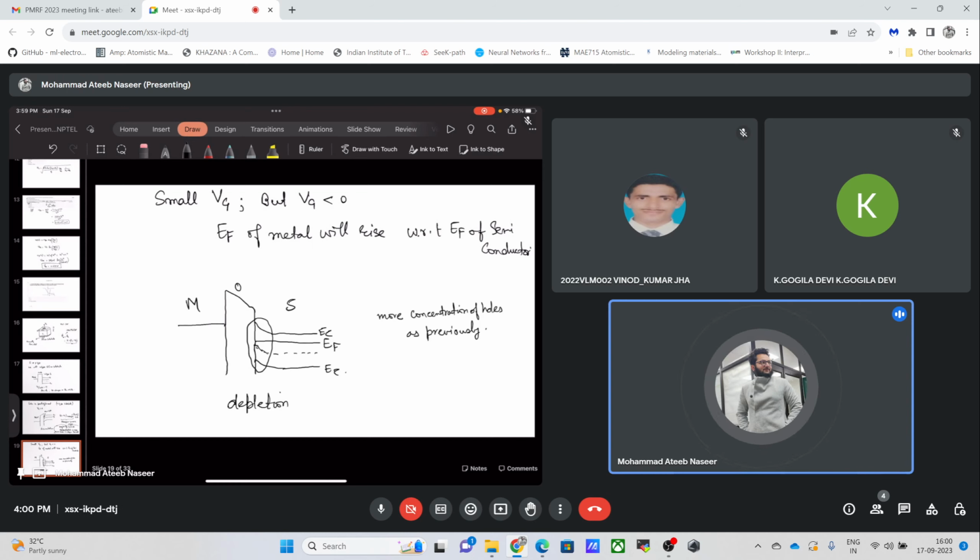Majority carriers were electrons in this case, and since we have applied the negative voltage at the gate terminal, we will have a positive charge buildup due to these donor sites, and this results in band bending at the semiconductor interface, with the material in the depletion region.